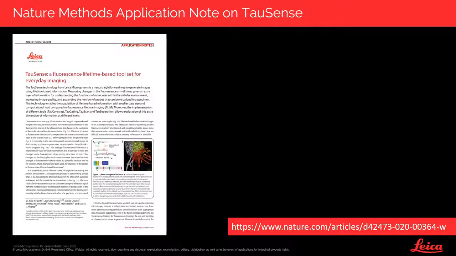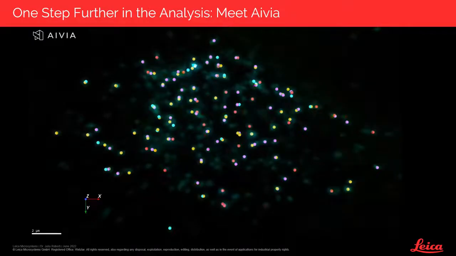So now with this example and with these results coming with functional insight, we can do even more. And for that, we will use AVIA. So I want to highlight in the next slides this extra powerful possibility that comes with the options available in the AVIA software package combined with these results from the tau sense experiments.